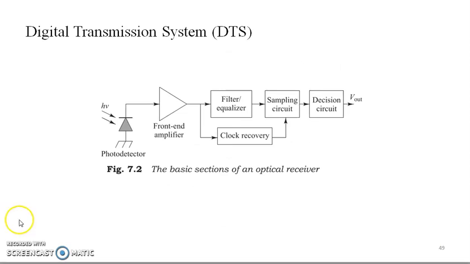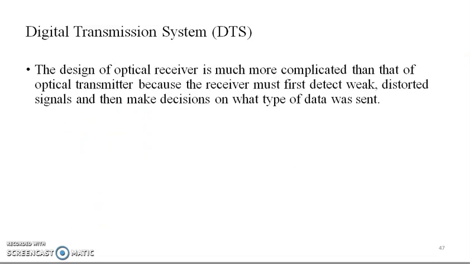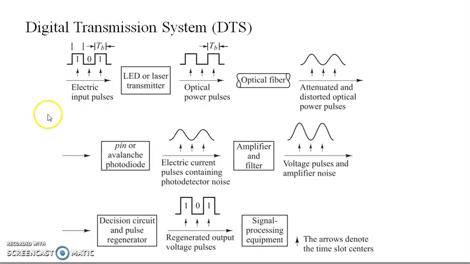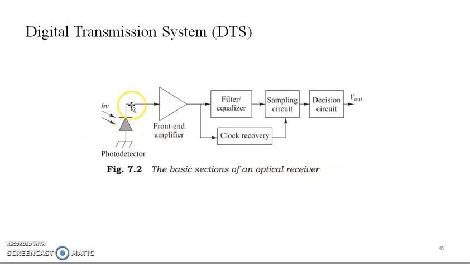Now this figure shows an optical receiver section. Here we have the photodetector signal level, the signal path, the detector, and the amplifier. This is the detector and front end amplifier. After that we have the equalization circuit, the sampling circuit for detection, and the decision making for whatever the level is, and we can use both in this receiver operation.